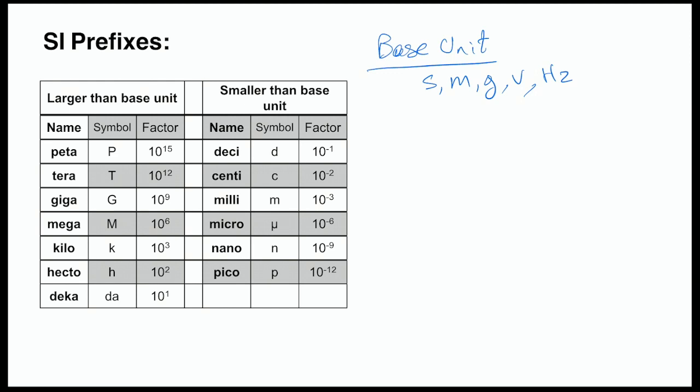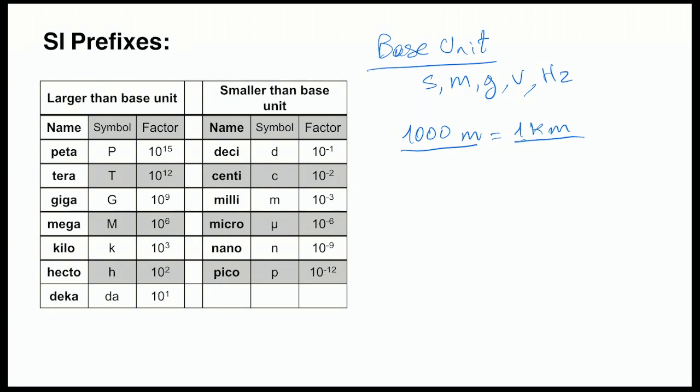Let me give you an example. Instead of saying 1,000 meters, for example, you're probably going to say 1 kilometer. That's pretty conventional. There might be a reason to say 1,000 meters, but most of the time you're going to see that people use the shorter version of representing any notation.